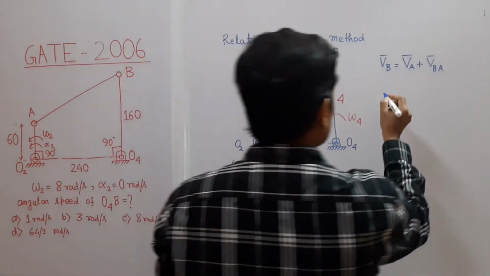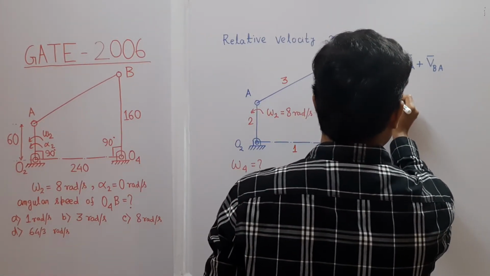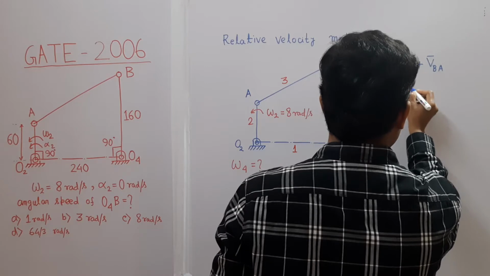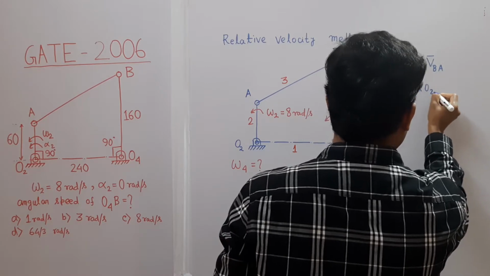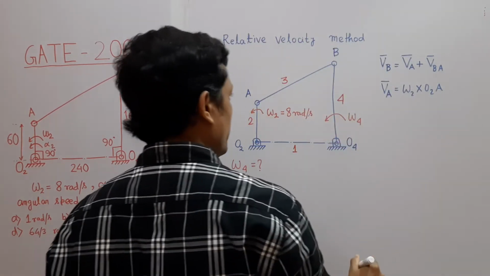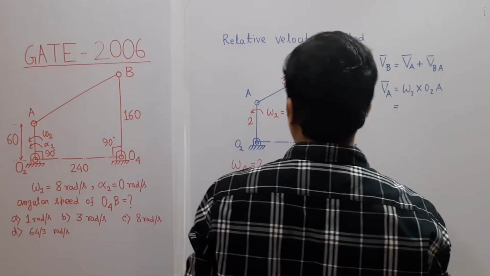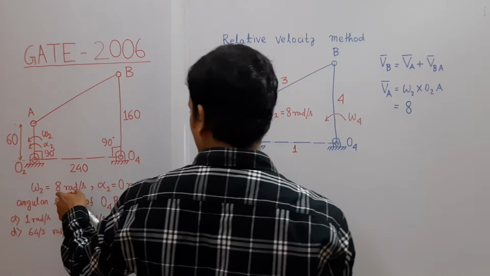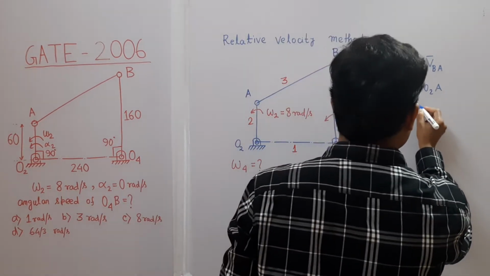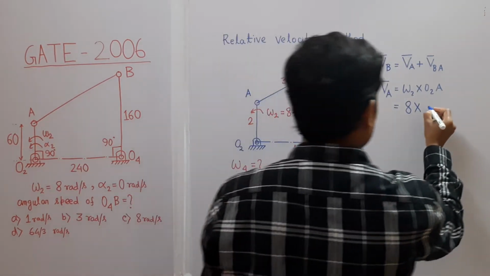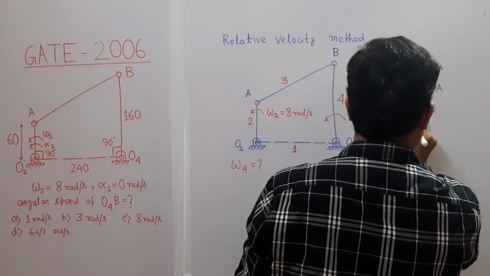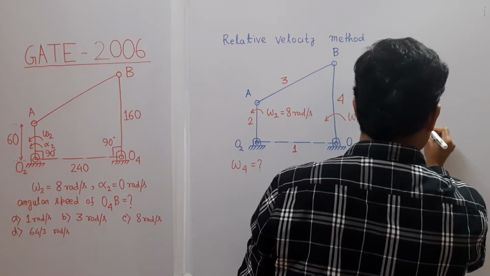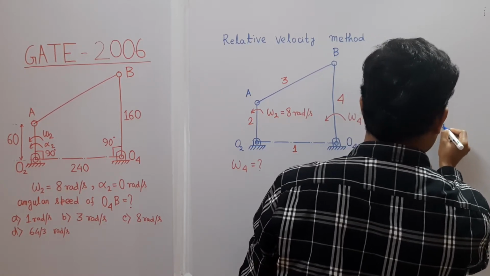So out of this, what is Va? Va is omega 2 cross O2A, or the magnitude of Va is omega 2, given as 8 radian per second, times O2A, which is 60 millimeter. So Va is 480 millimeter per second.